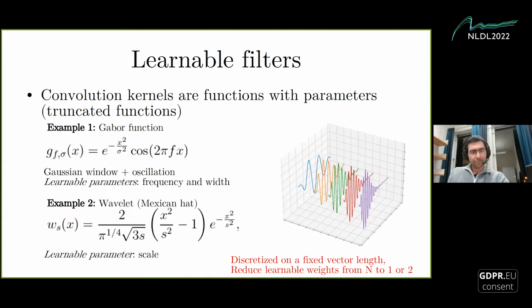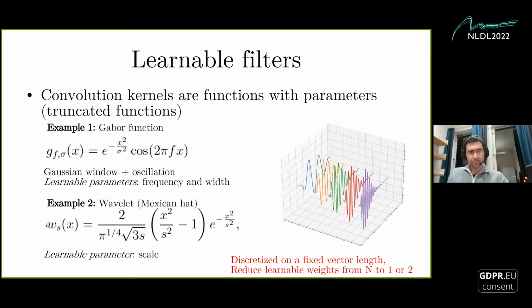So, a few examples of functions that we want to learn. Example one is a Gabor function. It's just an oscillating function with the cosine, where f is the frequency and x is the variable, and you have a Gaussian window with this exponential. The width of the window can be learned through the sigma parameter.